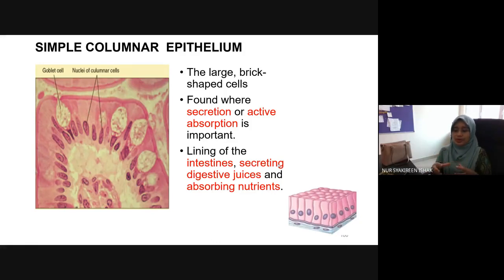Once the food is broken down into its monomers, the small intestine can absorb the nutrients across the wall and into the blood vessels, to be distributed throughout the body. So that's why the intestine will have this type of cell, simple columnar epithelium, that is involved in secretion and absorption. Secrete enzymes, absorb nutrients.